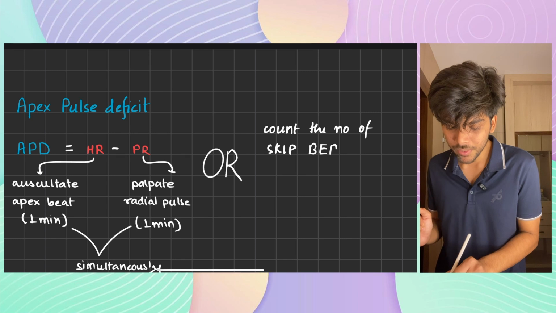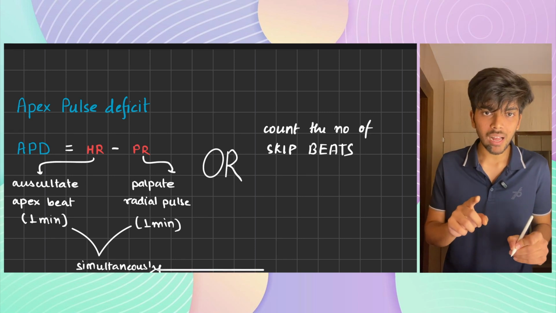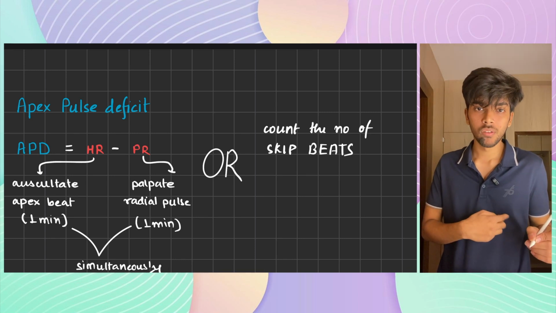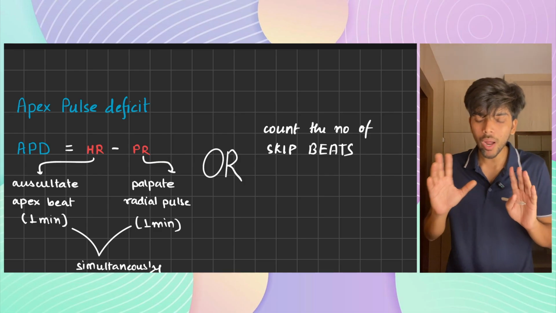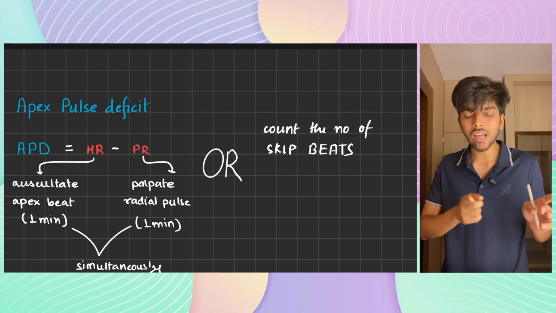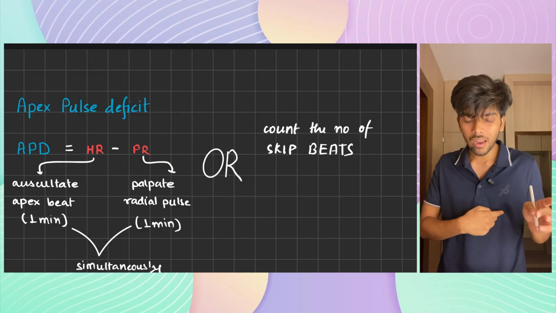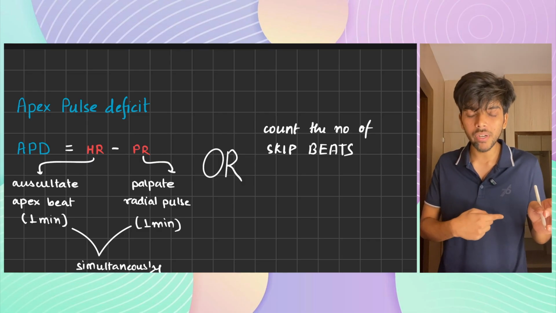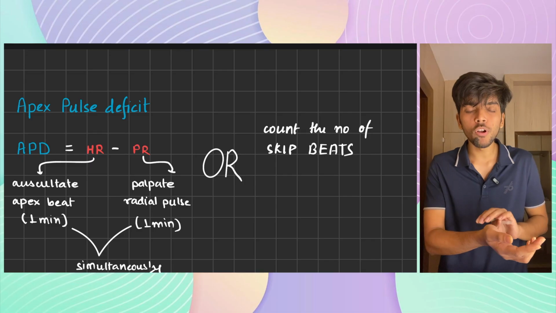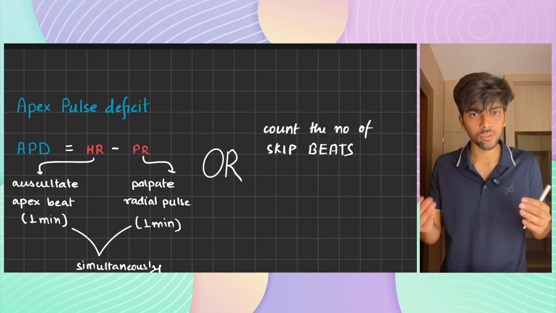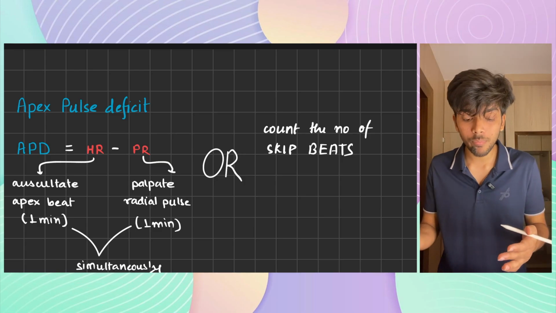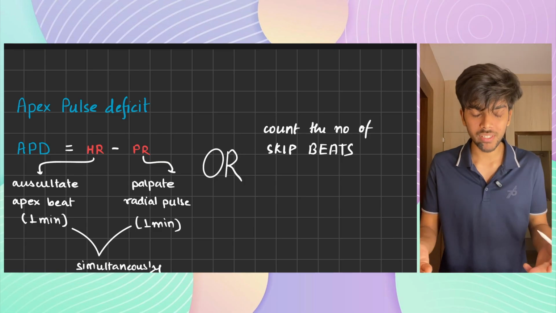What are skip beats? Skip beats are those heartbeats for which there is no radial pulse. All you have to do is listen for the heartbeat and count the number of heartbeats for which you are unable to palpate a radial pulse. Okay, so that's your skip beat. And the number of skip beats is equal to apex pulse deficit.